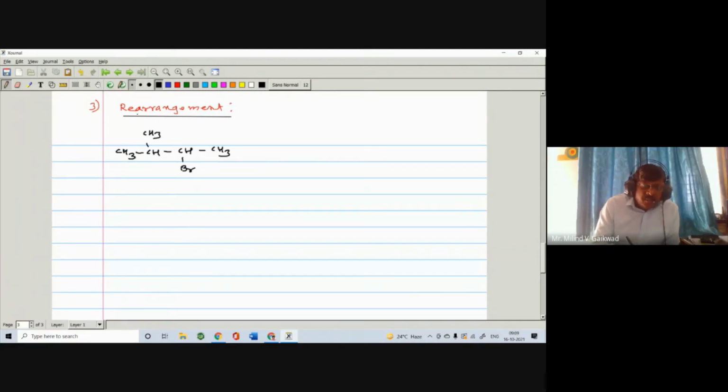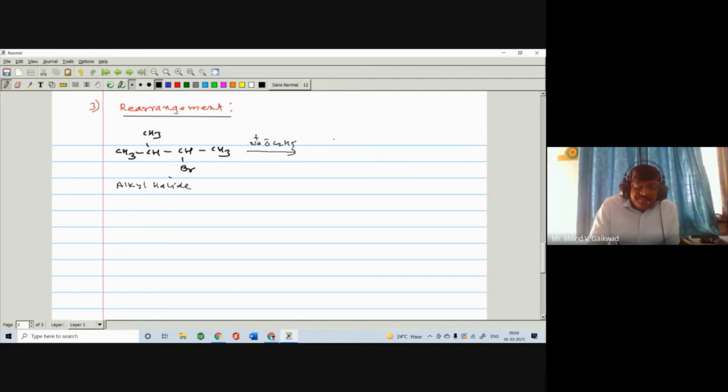So the name of the compound is 2-bromo-3-methylbutane, right? It is your alkyl halide in general. The reaction takes place in the presence of a base. The base we can write is sodium ethoxide, Na plus O minus C2H5.